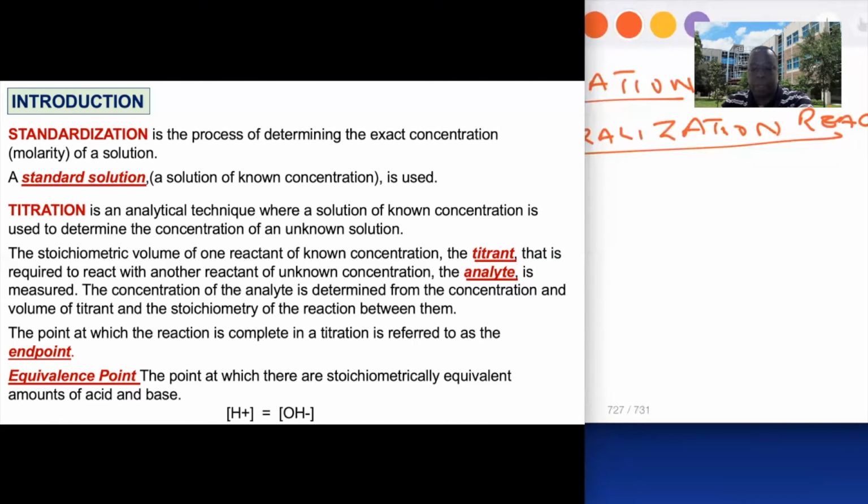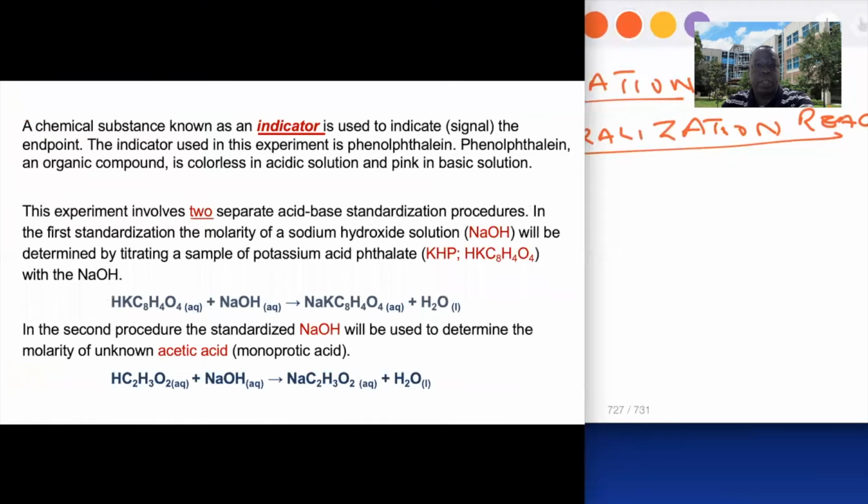It is one of the reactions we have seen to this point this semester. I've explained before what an indicator is. There are several indicators used in chemistry, and in this experiment, phenolphthalein. Phenolphthalein is an indicator. It is colorless in acidic, and it turns pink in basic media.